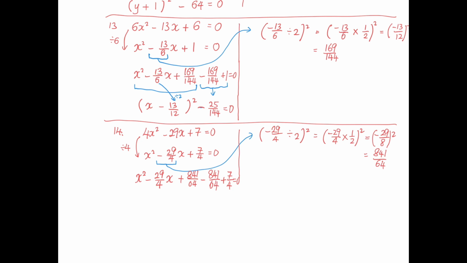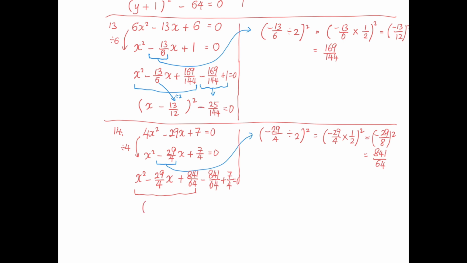After doing so, the first three terms become a perfect square, which means you can factorize it easily.